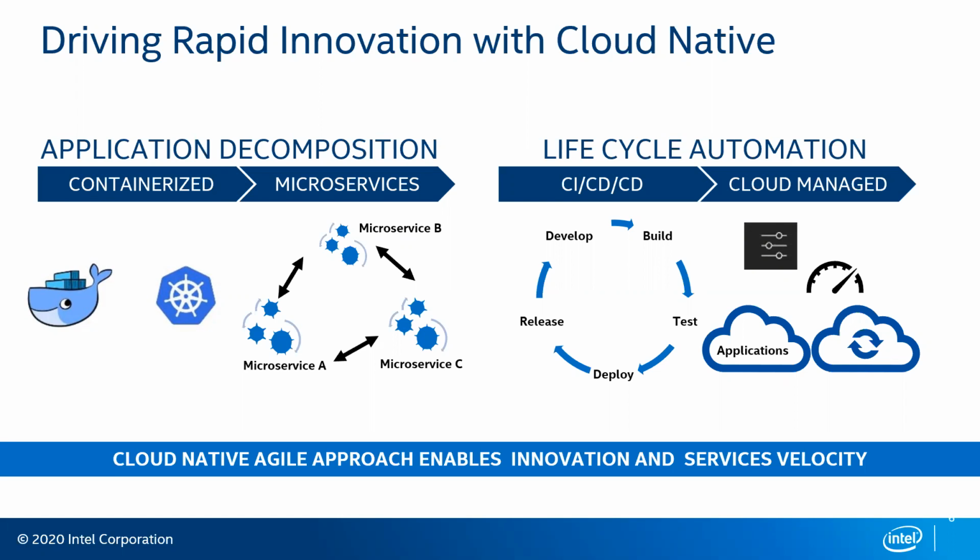From an application perspective, we are discussing here the decomposition, the fact that applications are evolving toward microservices architecture, which means that they are now decomposed into small building blocks, and those microservices are packaged into containers and typically orchestrated with Kubernetes, which we see as the leading resource orchestration mechanism.